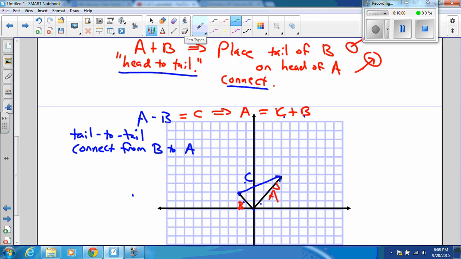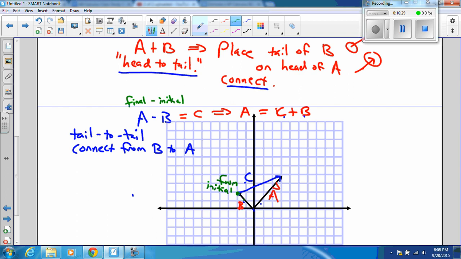from B to A. Now the connecting from B to A always throws students. And for the order here, you have to get it right because B minus A and A minus B are opposite vectors. So let's see how to do this. When I write the difference A minus B, I'm going to think of it as final minus initial.